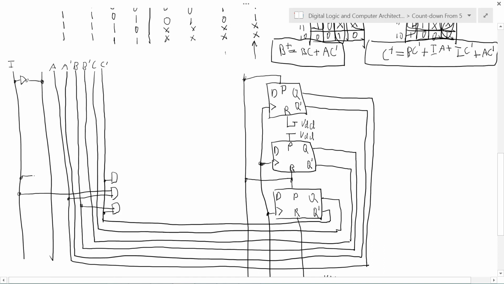Do apologize, it is a little messy. And then we need A ANDed with C prime.